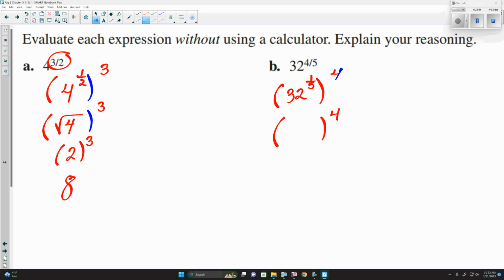Now 1/5 is the same as saying what? The 5th root. Because the number on top, the 1, is our exponent attached to 32, and the number on bottom is our root. So our 5th root of 32. So we're trying to see what number times itself 5 times gives us 32.